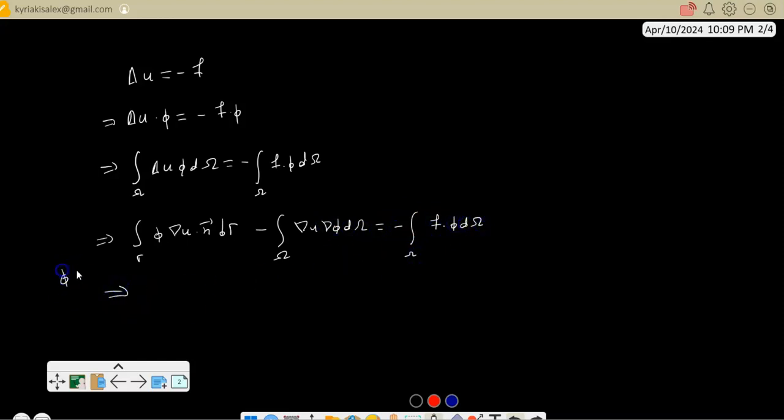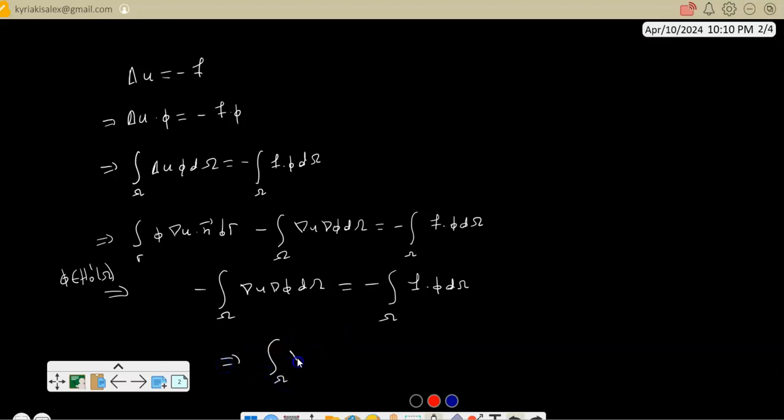Now the test function is in H01, which means that it vanishes at the boundary. And what I end up having is the integral over omega of grad u grad phi d omega equals minus the integral over omega of f times phi d omega.